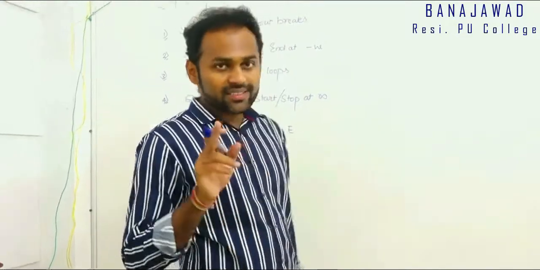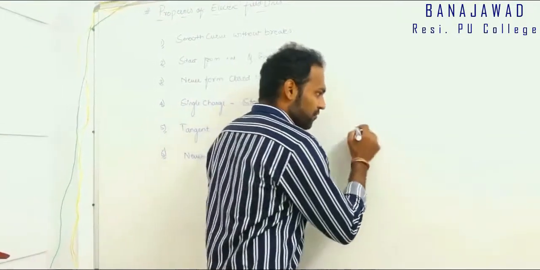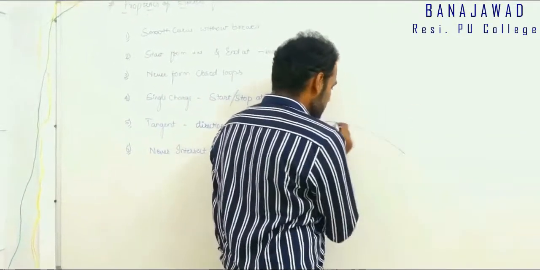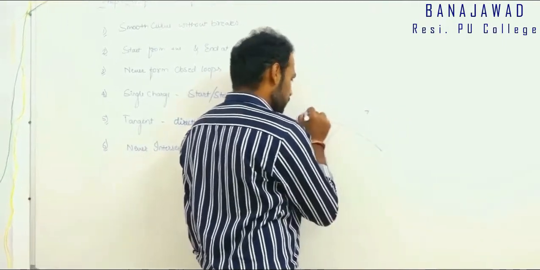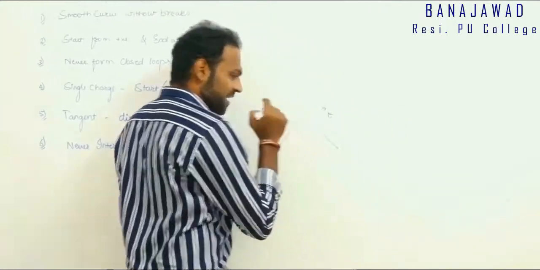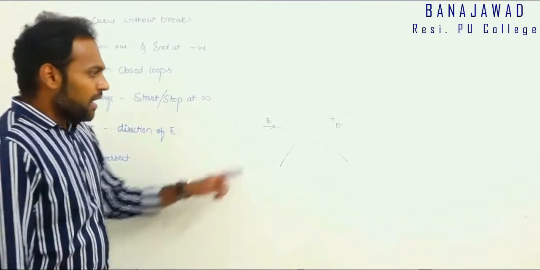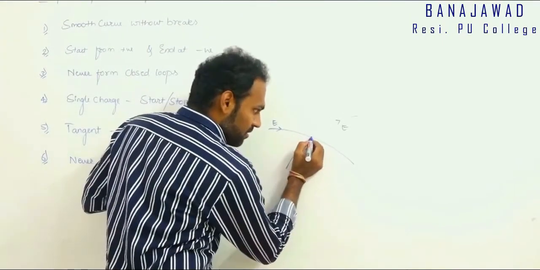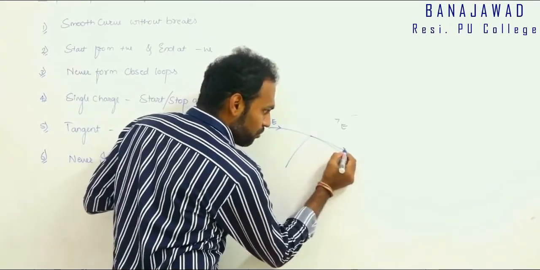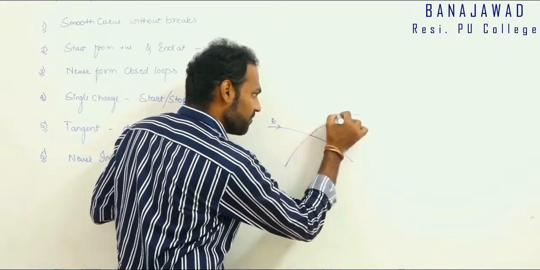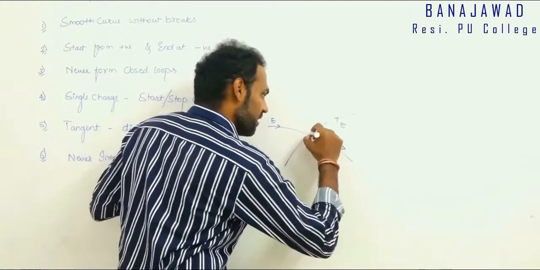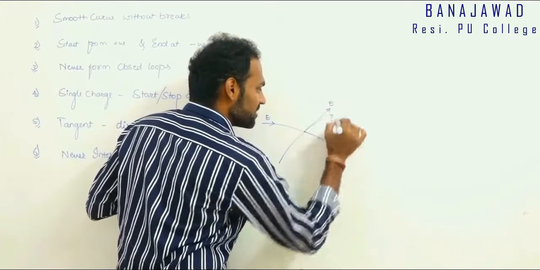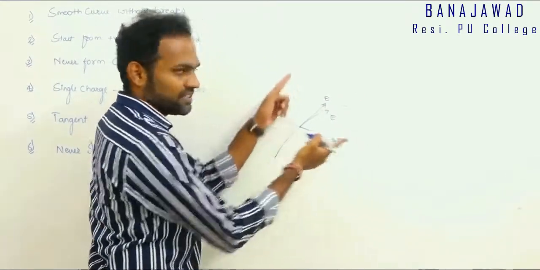They will not intersect because, for example, if here I say the two lines are intersecting each other. These are the two electric field lines and they are intersecting at this point. At the point of intersection, if I draw tangents to both the electric field lines, then at a single point we are getting the direction of electric field in two ways.